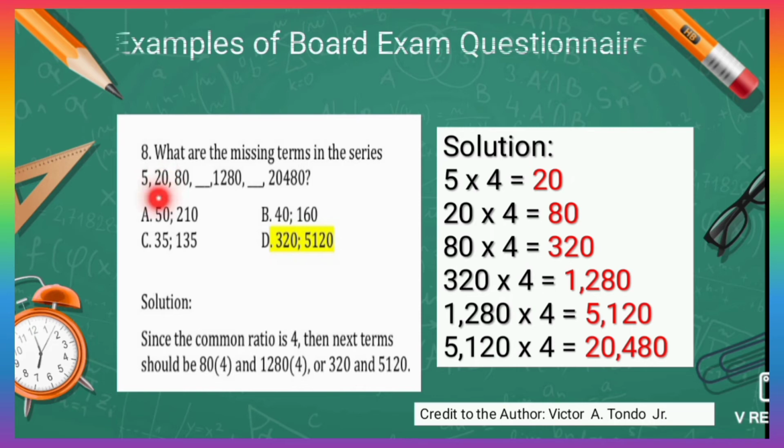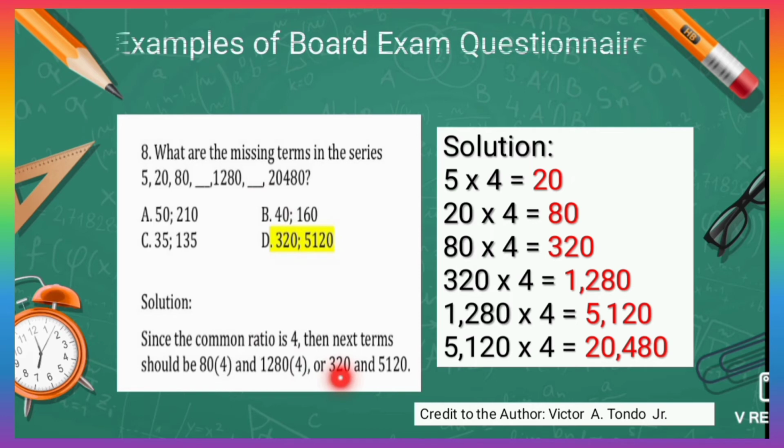So, ibig sabihin, mag-multiply lang tayo. Ayan, dito yung solution. Since the common ratio is 4, then the next term should be 80 times 4 para mahanap natin yung sumunod kay 80, or ito yung fourth term. At saka, mag-multiply lang din tayo ng 4 sa 1,280 para mahanap natin yung sumunod sa kanya na term.